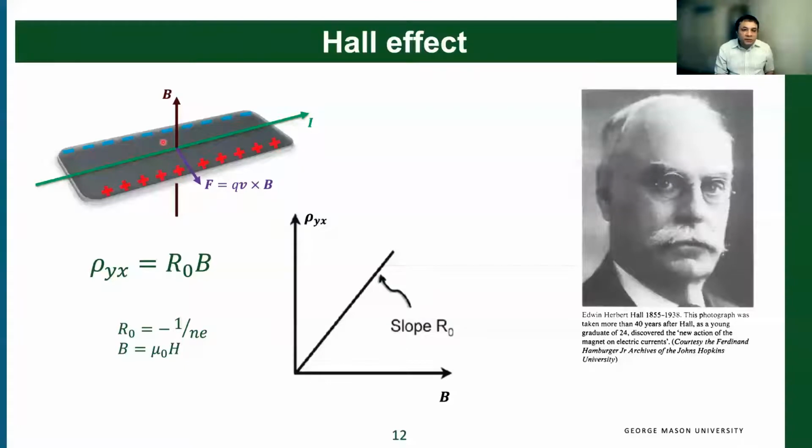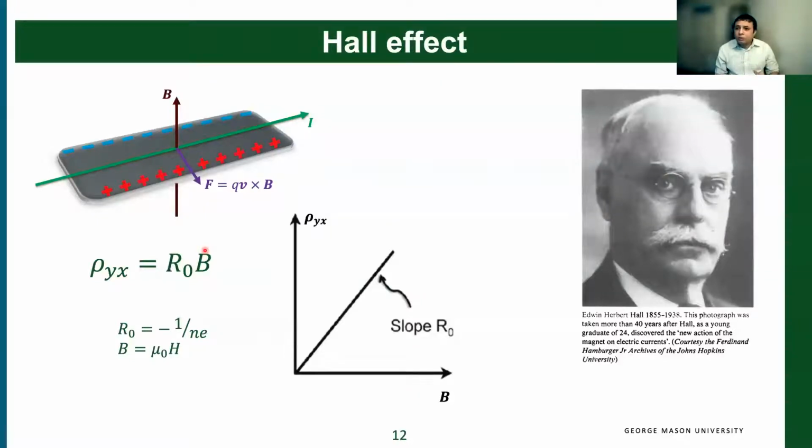Then we can measure this potential difference in terms of resistivity. This is called the Hall resistivity, and the Hall resistivity is usually proportional to the magnetic field.